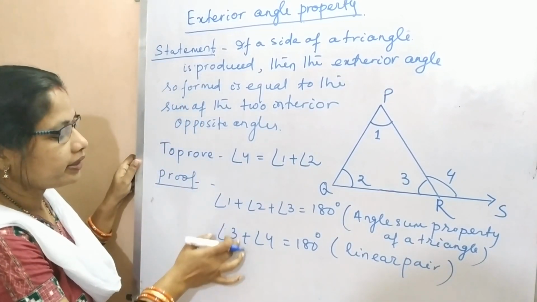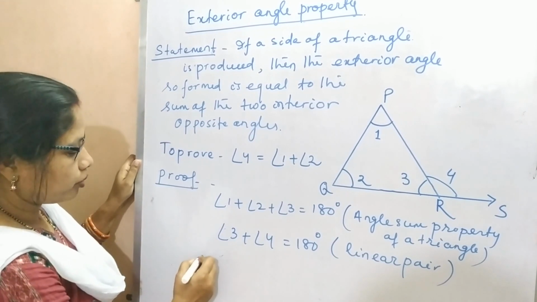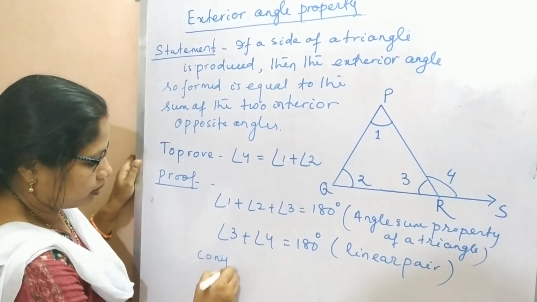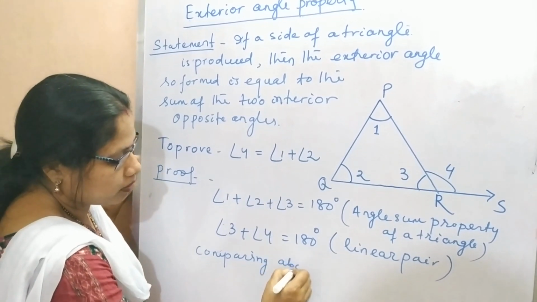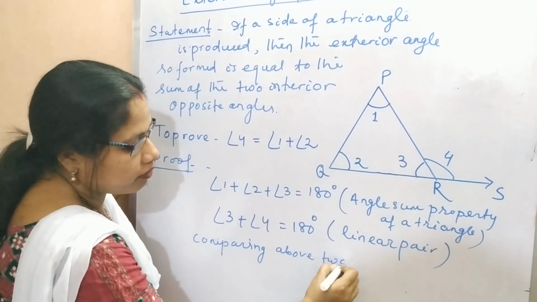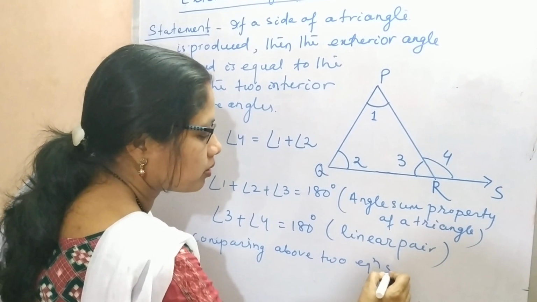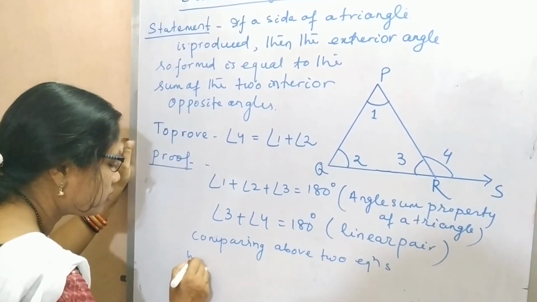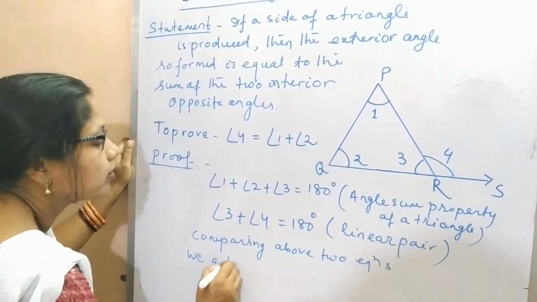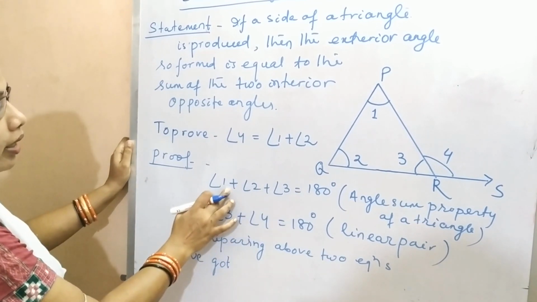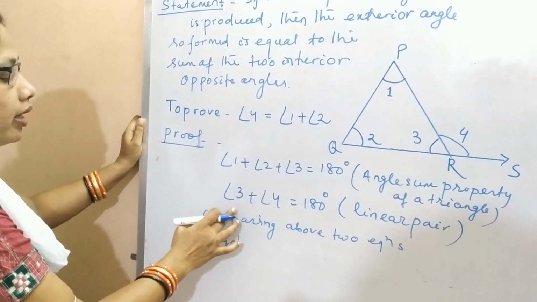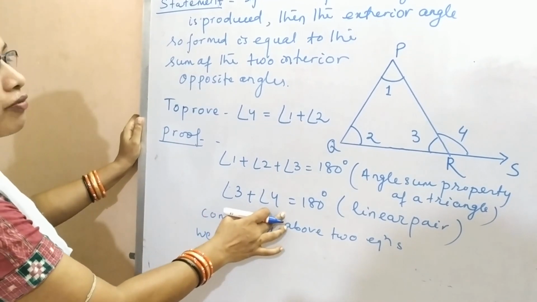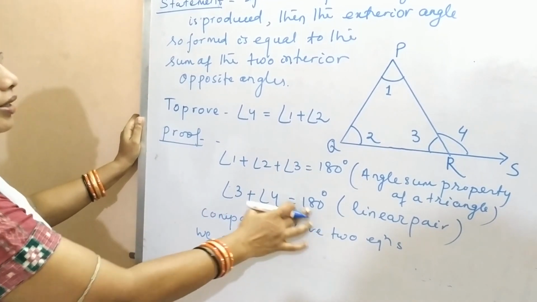So comparing the above two equations we got: angle 1 plus angle 2 plus angle 3 is equal to 180 degrees, and angle 3 plus angle 4 is equal to 180 degrees.